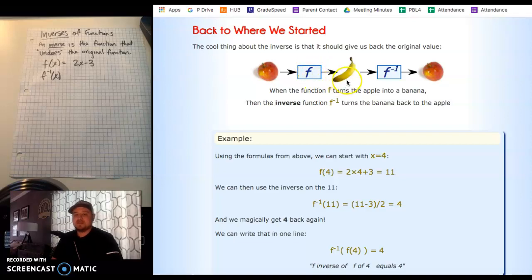Now, if I wanted to take a banana and turn it back into an apple, I would have to do the inverse function, the opposite process. So that's what we're doing here. If we know what f is, if we know that process that's going to take an input and give us an output, can we figure out what that process would be that would undo it?